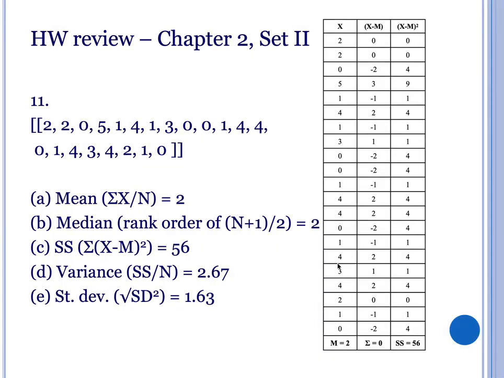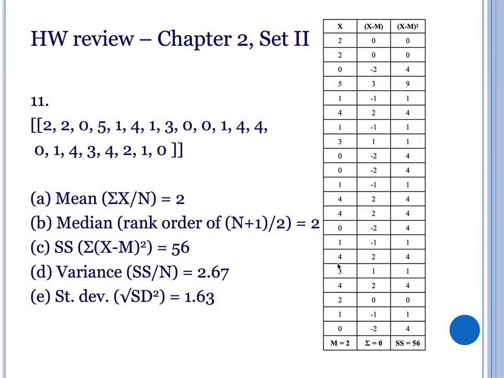Okay, so 56 divided by 21 gives us a 2.67. If I then compute my standard deviation, I just take the square root of that variance. That ends up being a 1.63, right?